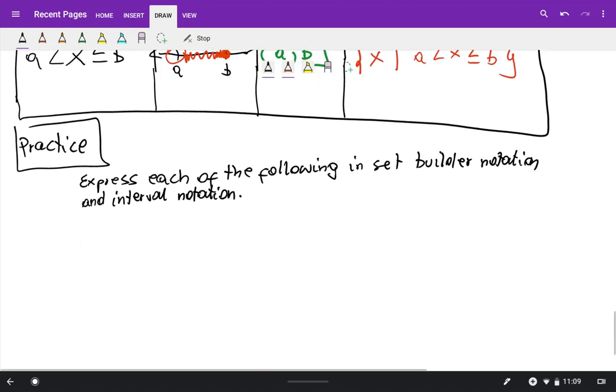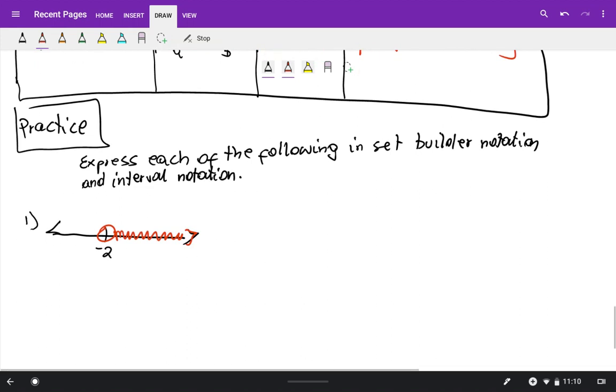Okay, so the first one, this is what I'm giving you. I'm giving you the graph. We have -2, open circle, and I'm shading everything to the right. So you need to express the solution using interval notation.